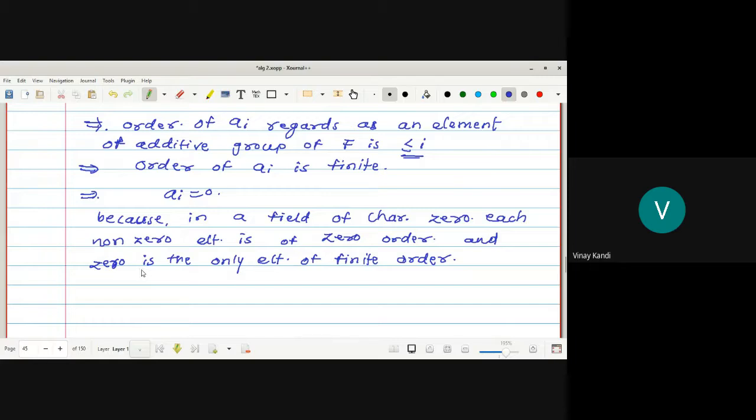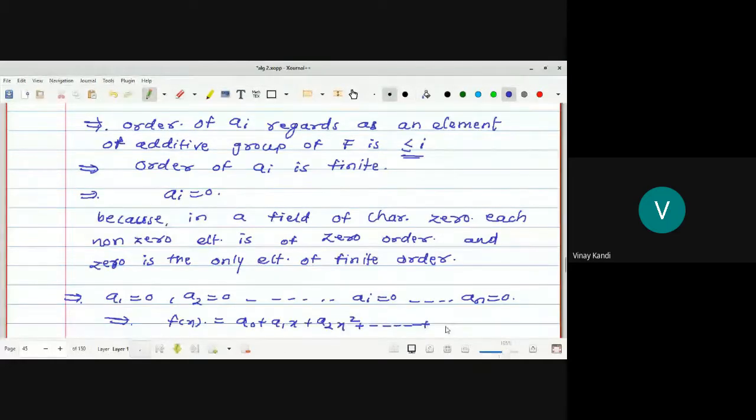So this implies, but ai is any arbitrary element, a1 is equal to 0, a2 is equal to 0, up to so on, ai is equal to 0, up to an is equal to 0. So what is f of x? f of x is a naught plus a1 x plus a2 x squared plus up to an x raised to n.